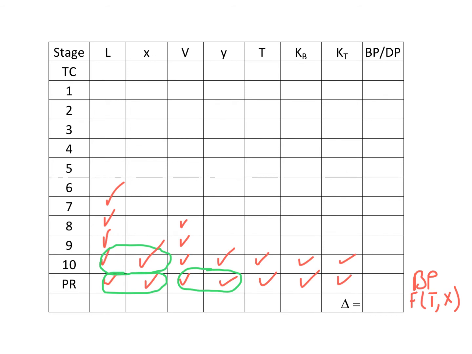And we can do these calculations on up the column, each time calculating the liquid phase composition using a material balance around the stage below. And at the very end, we can compare the composition that we calculate for the distillate to the composition that we started with. That's why I have a delta down here.